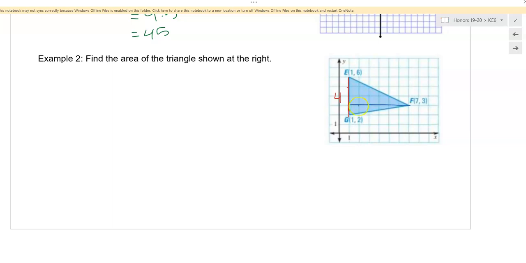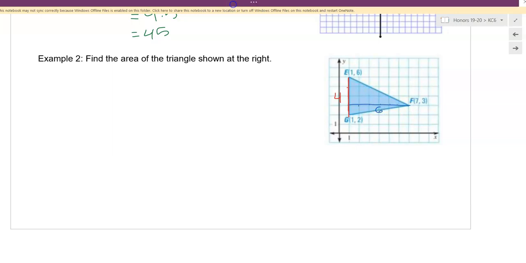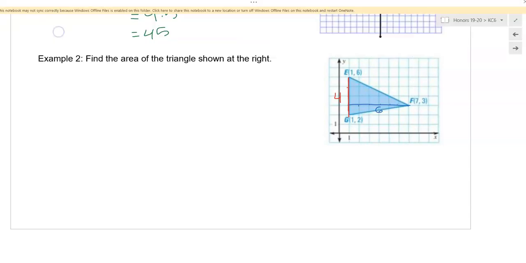So this is 1, 2, 3, 4, 5, 6. So this has a triangle with a base of 4 and a height of 6. Again, area equals 1/2 base times height when we're talking about a triangle.